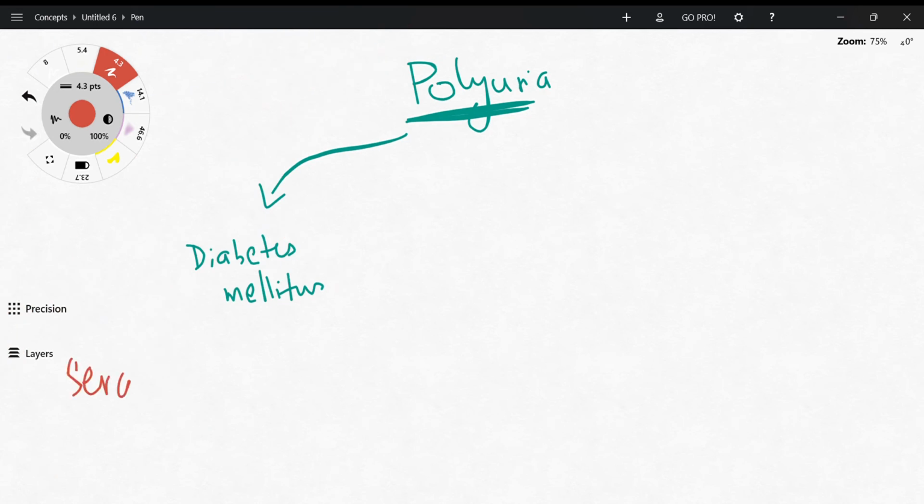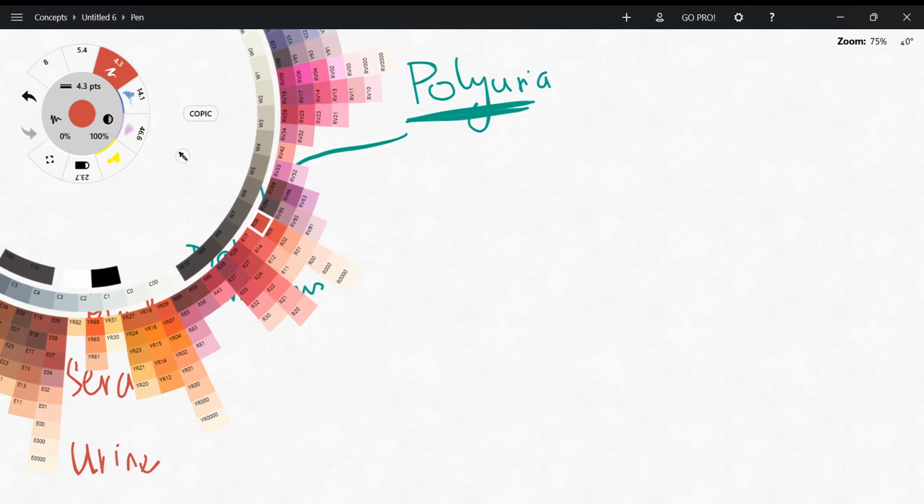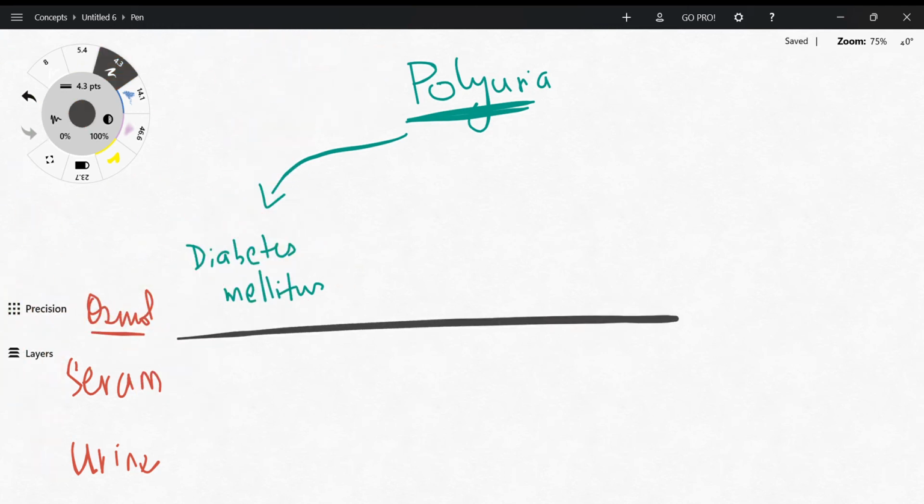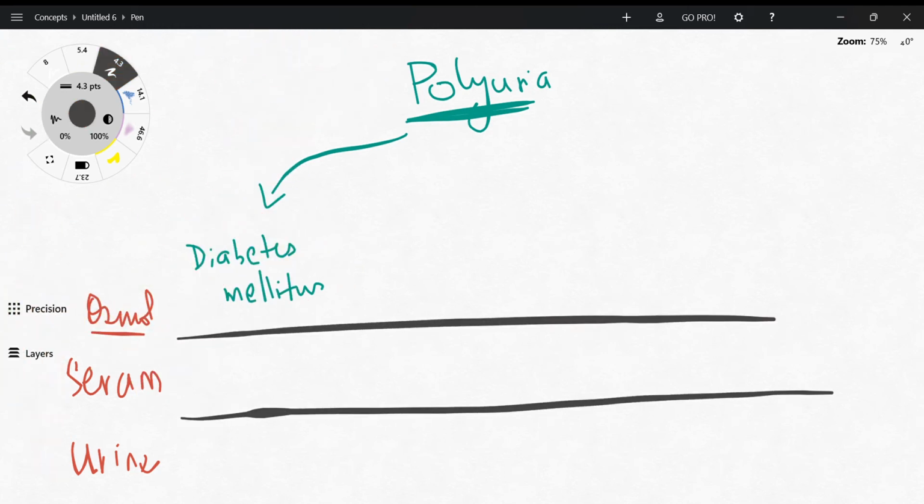Serum, urine osmolality, right? Let's go ahead and draw this too. Okay.